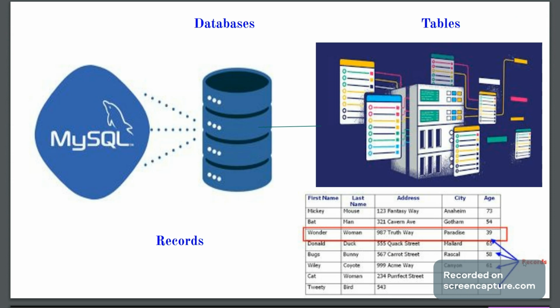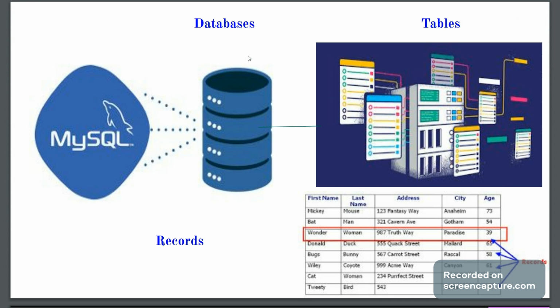Database is the collection of data in your backend database management software. It can be MySQL, MS Excel, MS Access, Postgres, Sybase, Oracle, etc. This database is like a directory or a folder or a container which might be having multiple tables, and each table will be having multiple records.